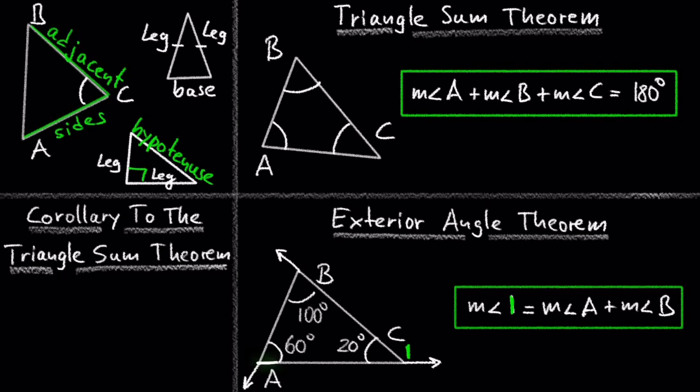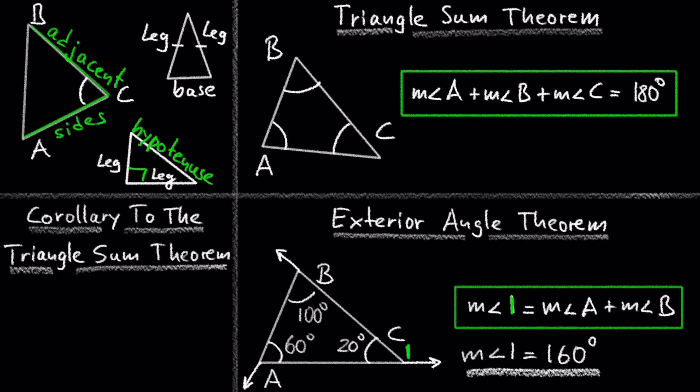We also know that a straight line has 180 degrees. So 180 degrees minus 20 degrees equals 160 degrees. We see that we needed 2 steps to find out the measure of the exterior angle 1.